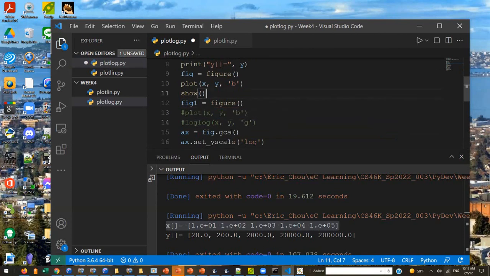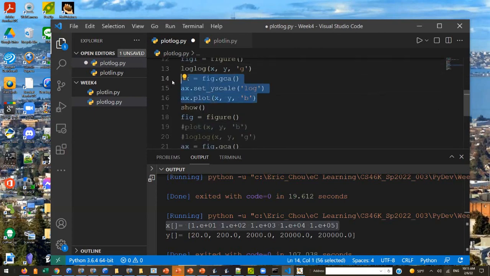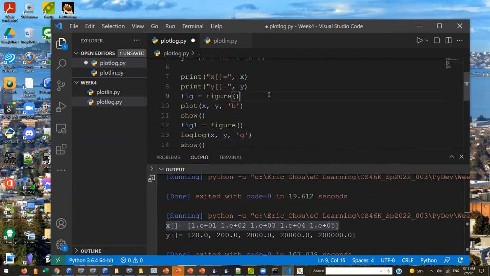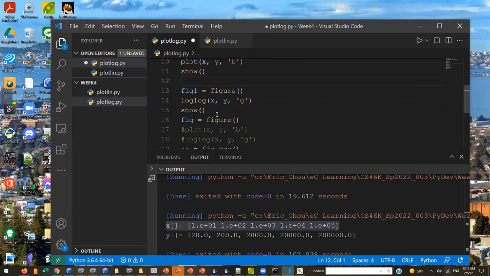So with figure 1, I do figure and get figure 1, and this portion I don't do. I delete these things. So here we create a figure plus the normal plot. Second, we plot the log plot.